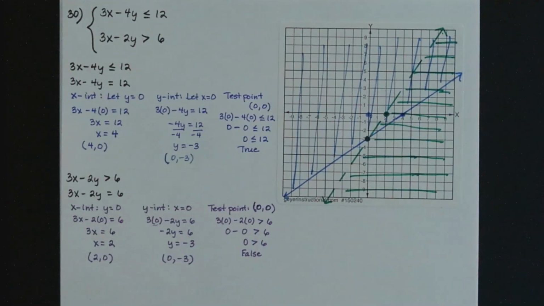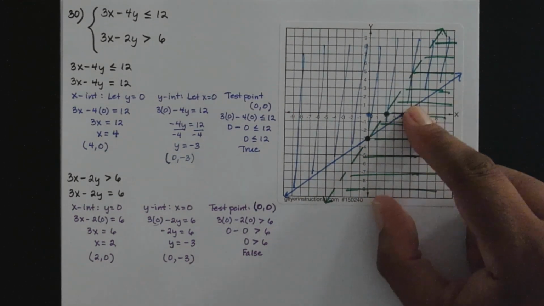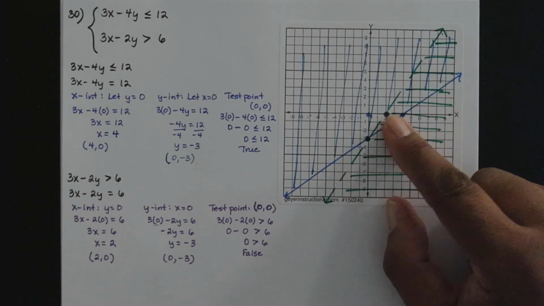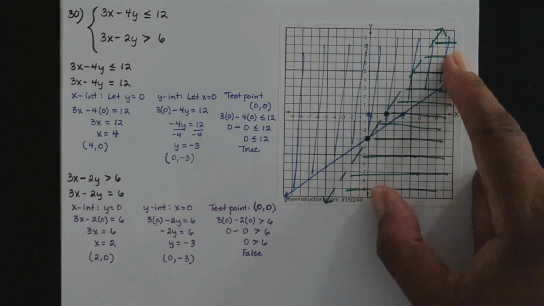Okay. Now, let's find the intersection of these two shadings. If you look at it, where I have the blue and the green together, that's going to be this part right here.